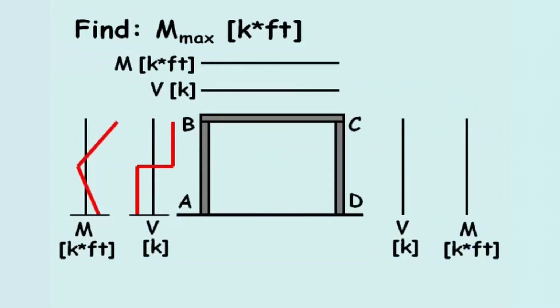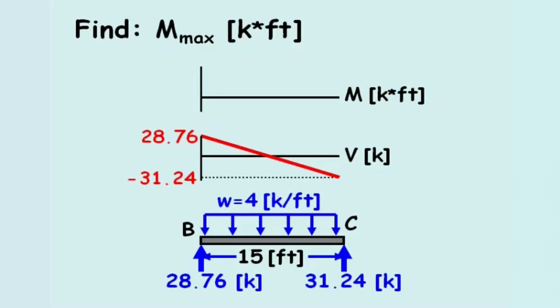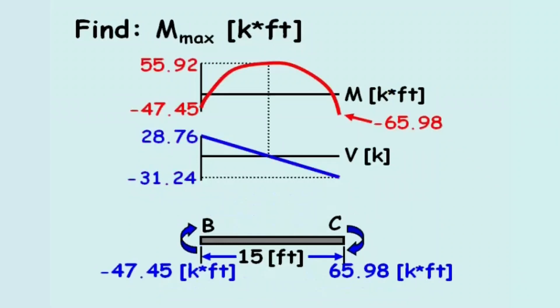With beam AB solved, we'll next look at beam BC. Drawing out the free body diagram and adding the continuous loading and point forces, the shear profile for beam BC is sketched out. After adding the moments BC and CB, the moment profile is sketched as well, with the maximum moment at 55.92 kip feet, near the center of span BC.